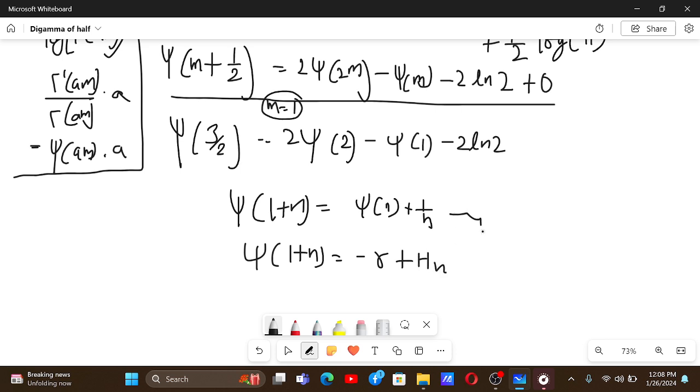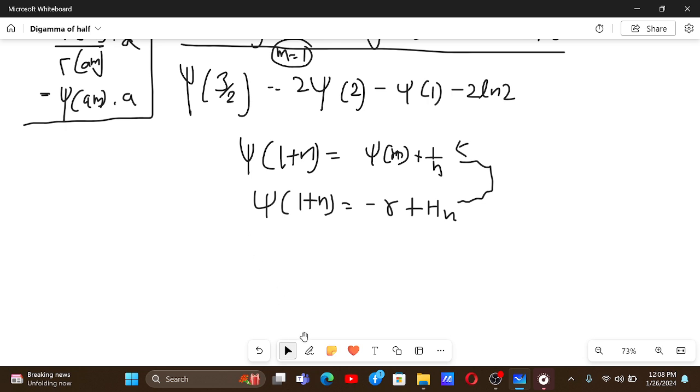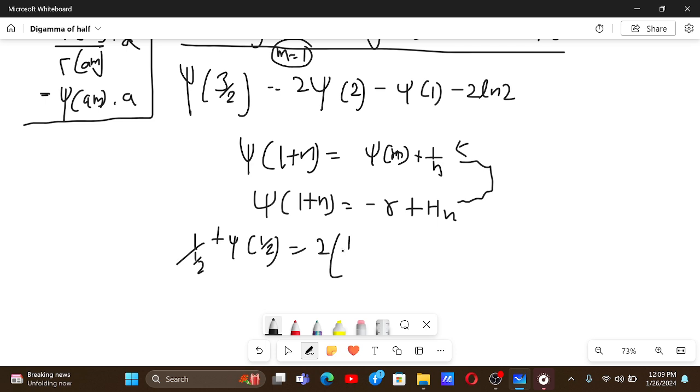These two are greatly related. Now if we know this formula, we can write digamma of 3 by 2 as 1 by 1 by 2 plus digamma of 1 by 2, and this one over here as 1 by 1 plus digamma of 1, and then digamma of 1 and minus 2 ln 2.